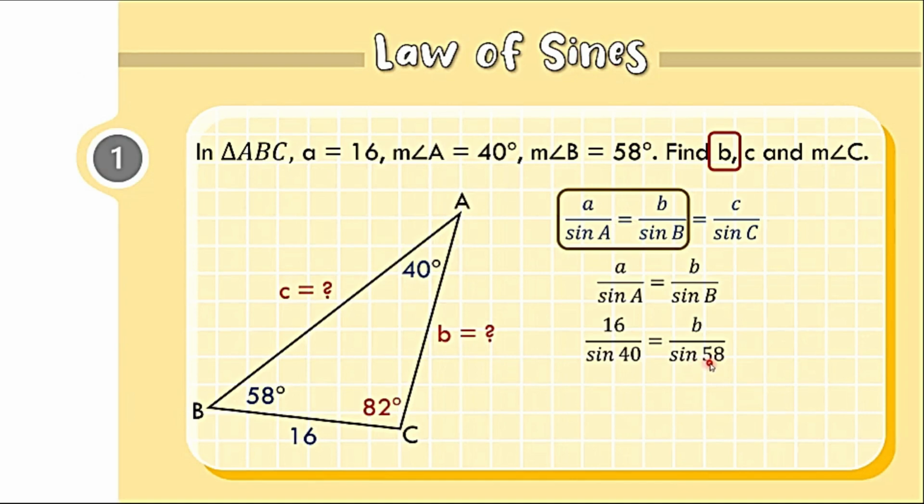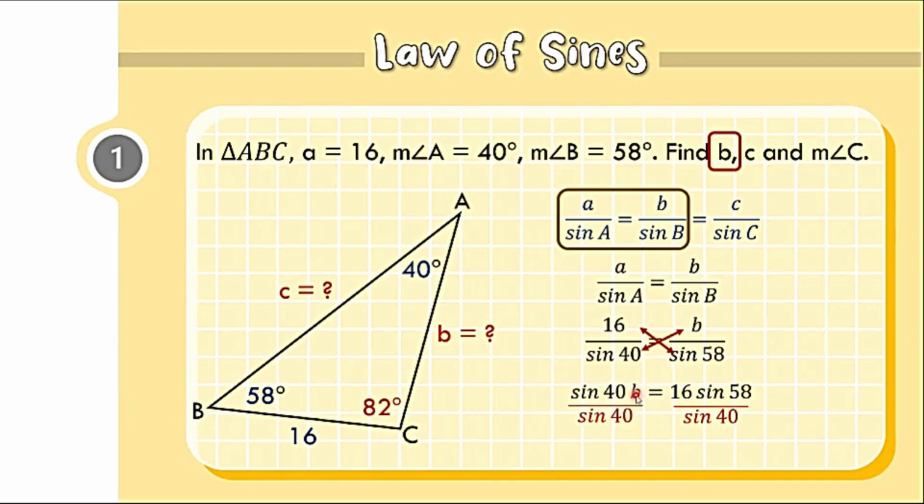Let us use cross multiplication so that the denominator will be equal to 1. Simply multiply sine 40 times b and sine 58 times 16. Therefore, we will have sine 40 b is equal to 16 sine 58. So to isolate b, let us divide both sides by sine 40 so that sine 40 over sine 40 will be equal to 1.